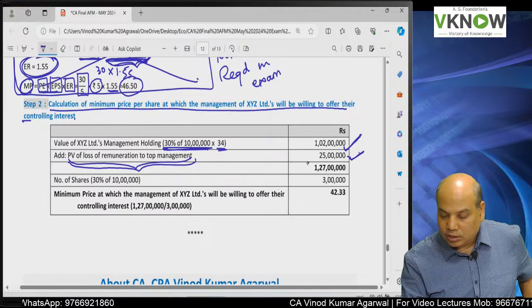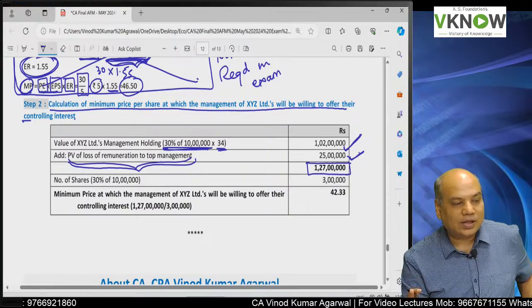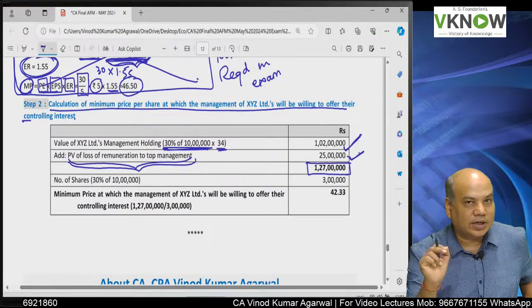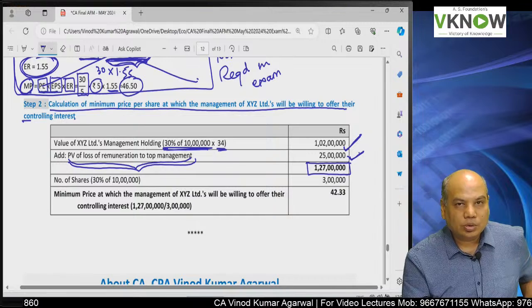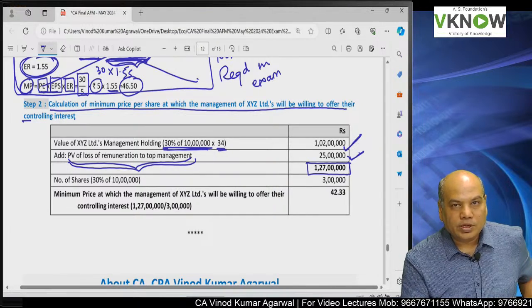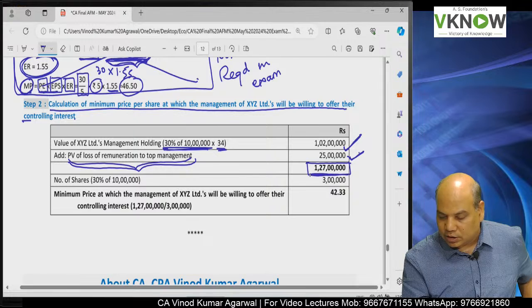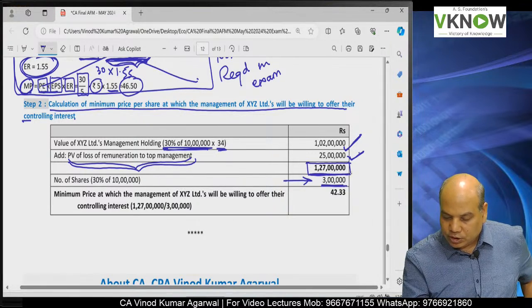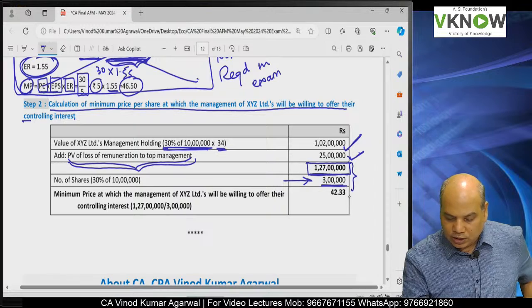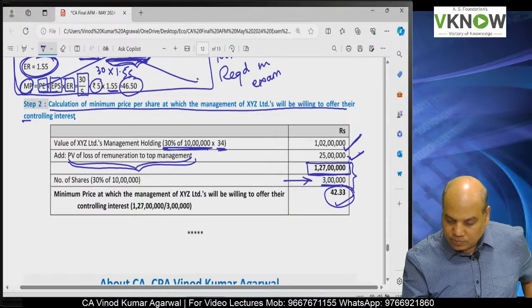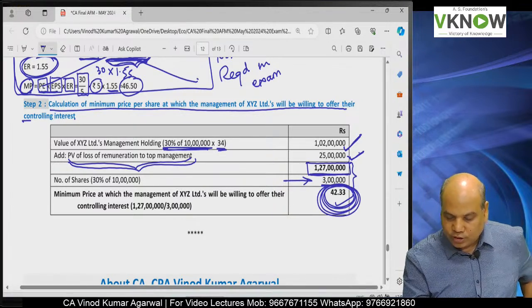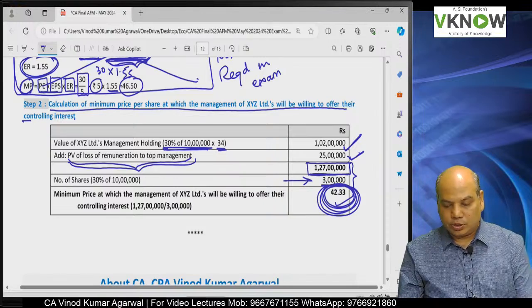So the total value they are looking for is at least equal to what they were getting in the old firm. That is value of their shares and perks, compensation, salary, 1 crore 27 lakh, divided by 3 lakh shares, and the minimum price which they must enjoy is 42.33.